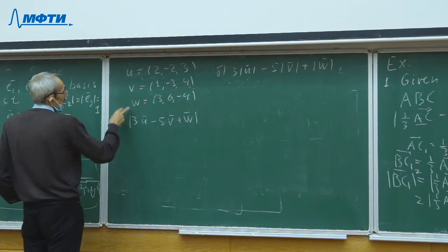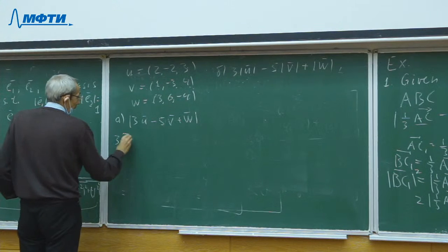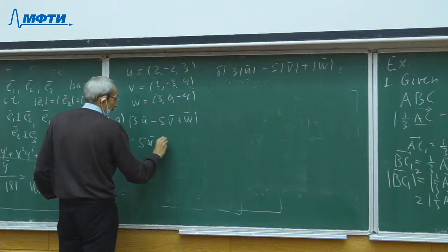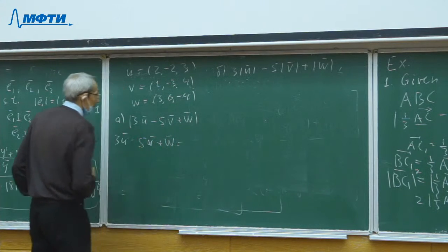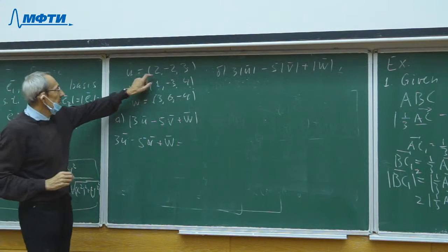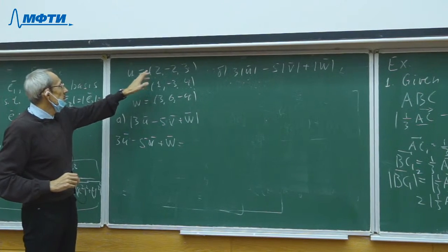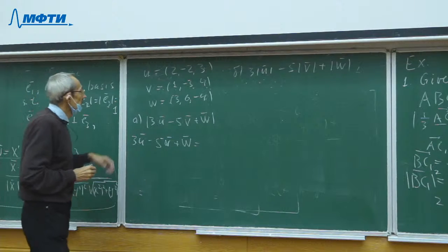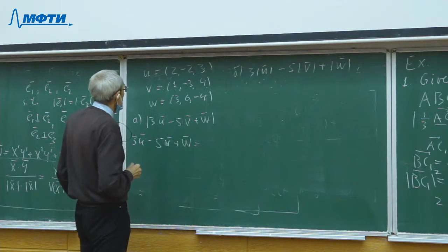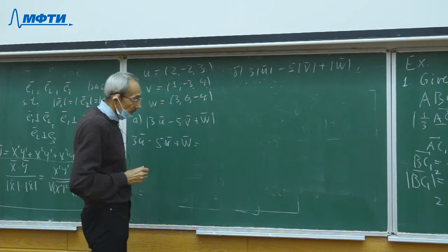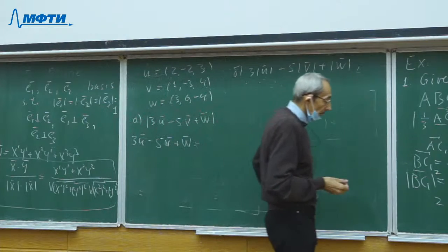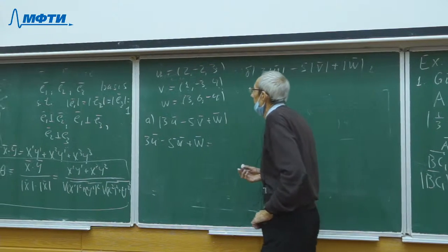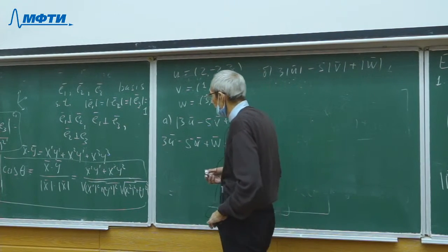First of all, let's find the coordinates of these vectors. We use the notation 2, minus 2, 3, and denote these numbers as coordinates or coefficients of the linear combination.